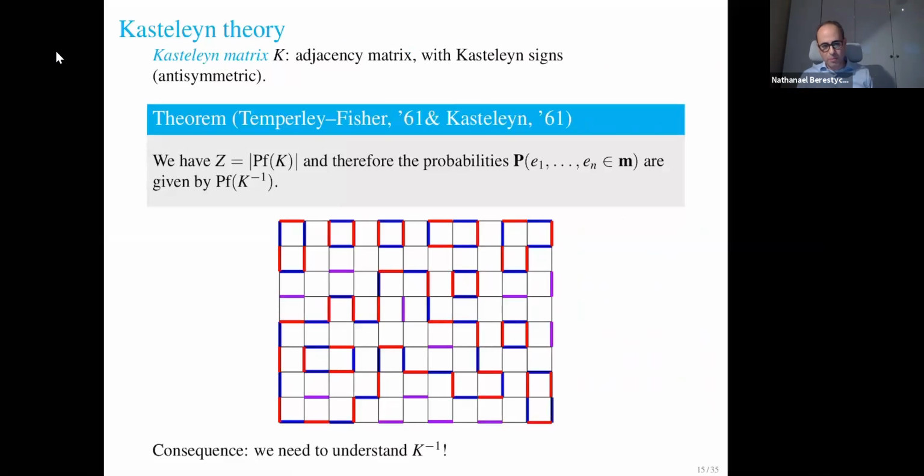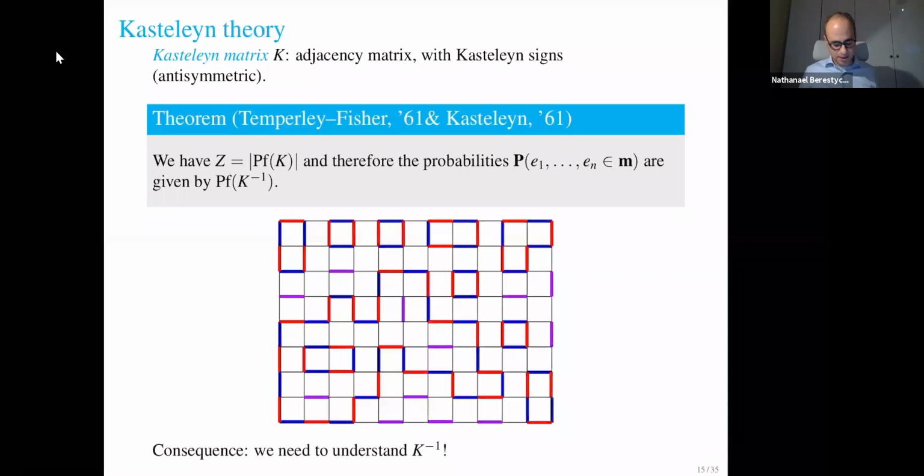And the remarkable theorem of Kasteleyn, which was proved simultaneously, I think in slightly less generality, but basically the same result, by Temperley and Fisher in '61, says that Z, I did define it actually, is the partition function of the model, meaning you can think of it as the total number of dimer configurations when the edge weights are constant equal to 1.